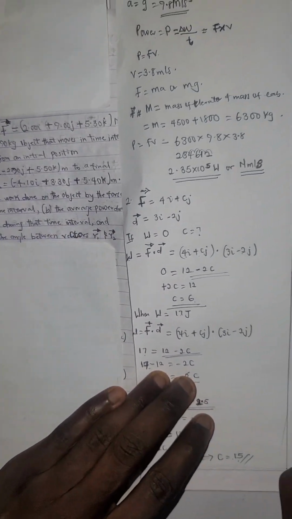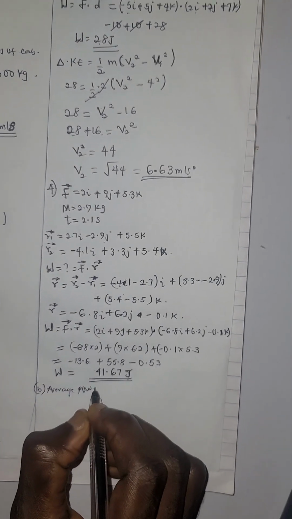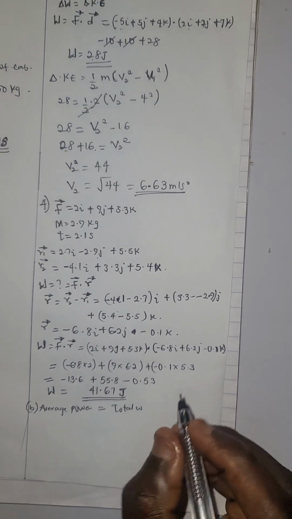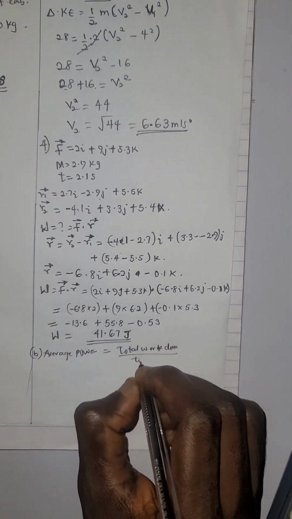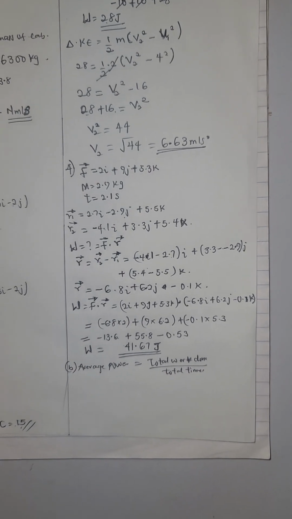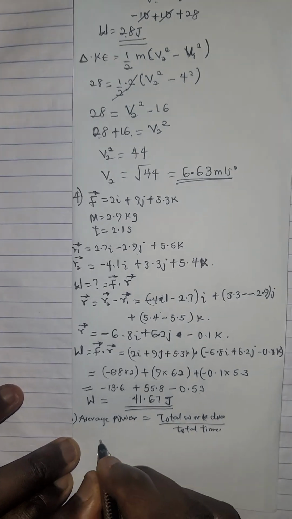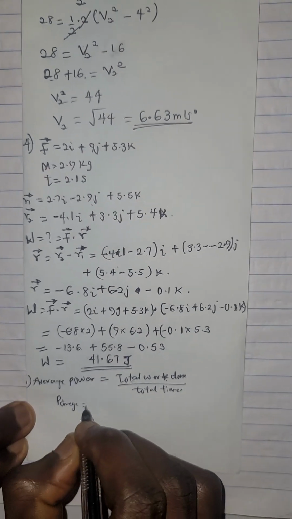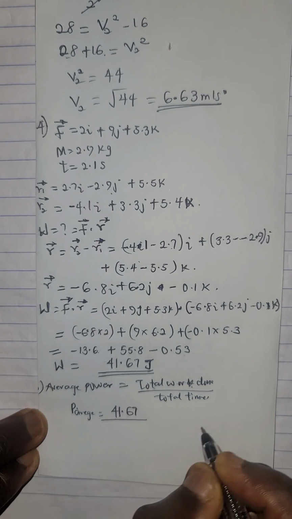Average power, our average power will be total work done over total time. So average power equals total work done, 41.67, over our total time.